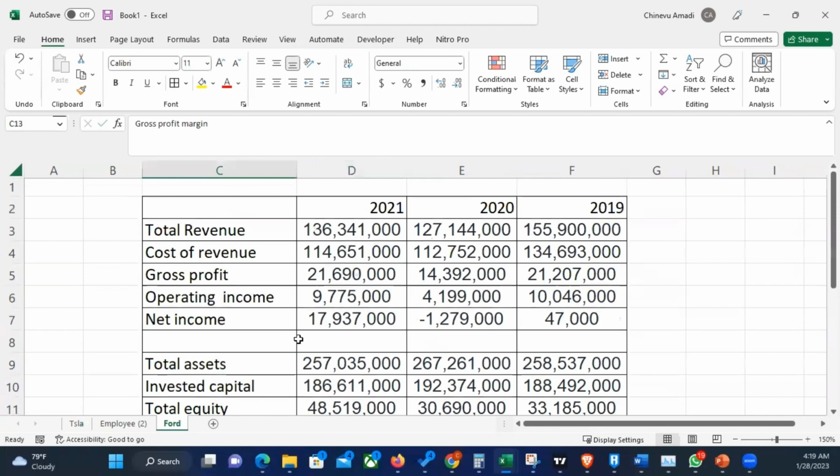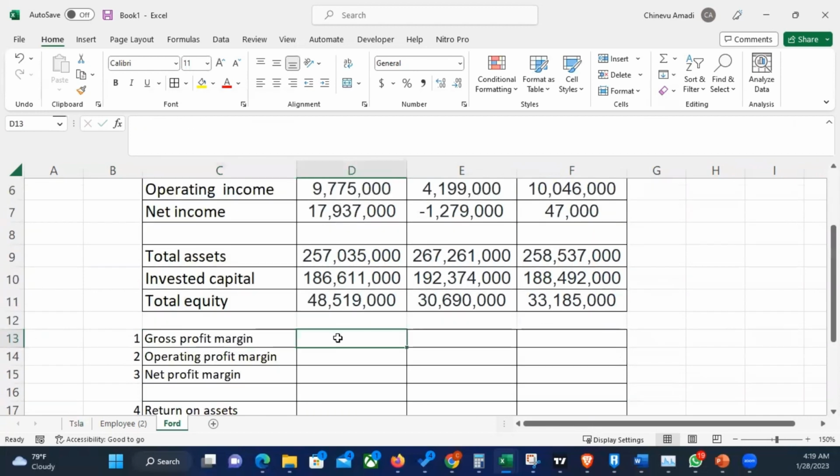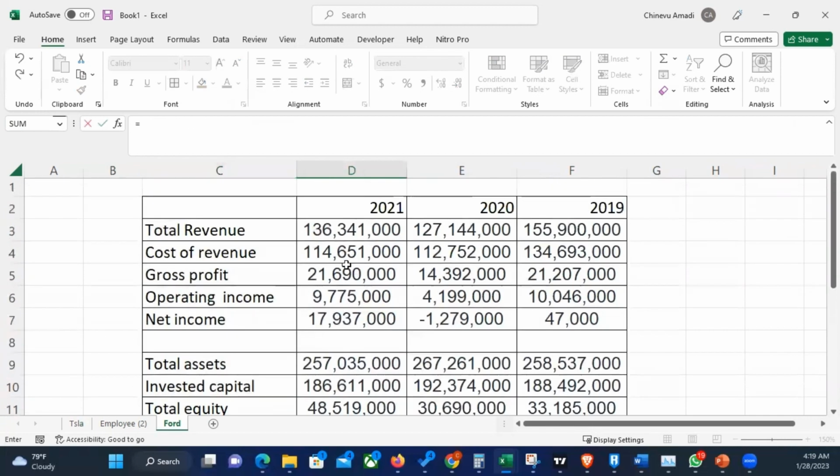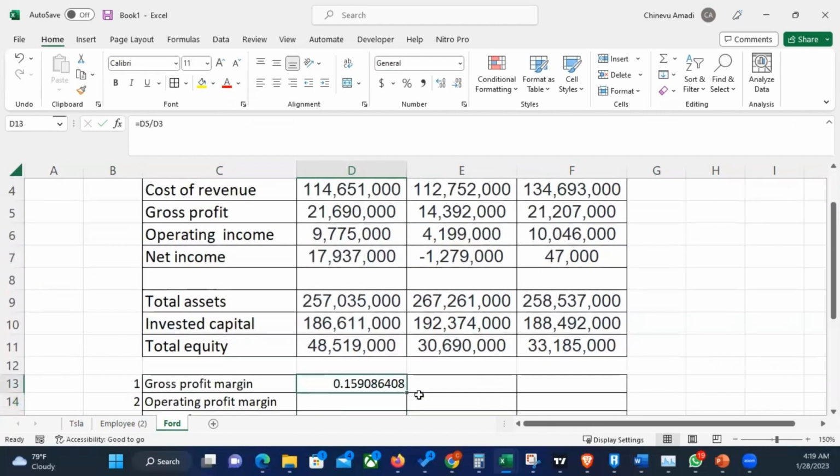Now let's go to Ford Motors. I'm going to be a bit fast since I've explained the concepts.